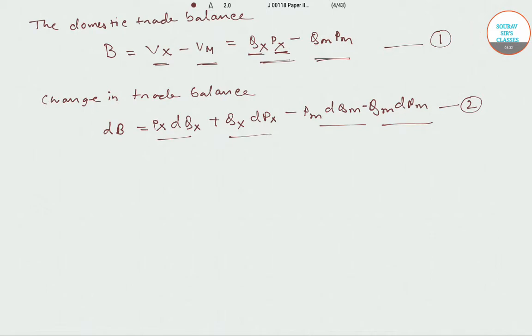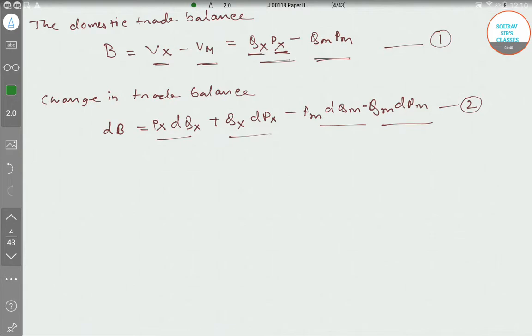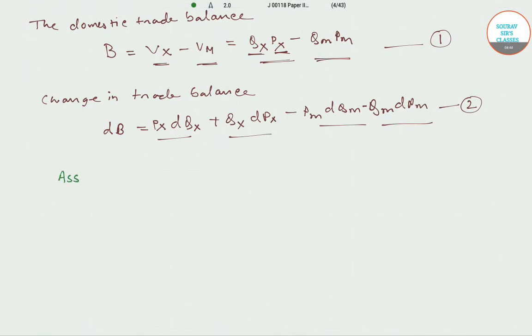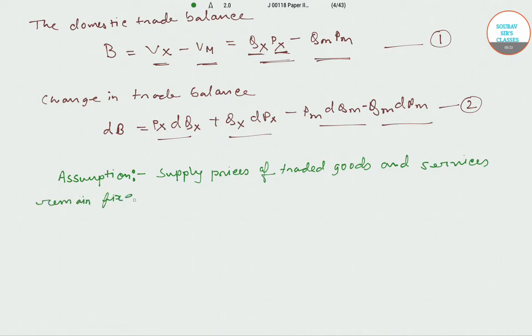Now we have to explain the assumption we make here: the supply prices of traded goods and services remain fixed with change in quantity.